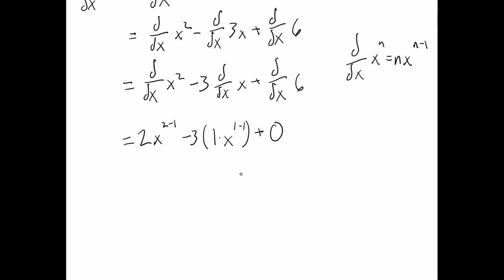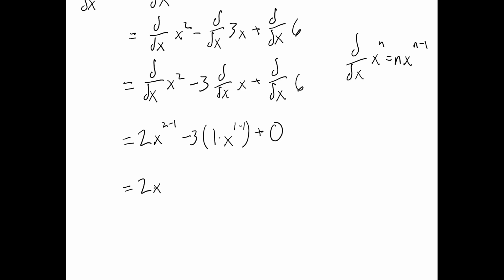And so when we look at this first piece here, we have 2 times x to the 2 minus 1. The 2 is just going to stay there, as is the x. And 2 minus 1 is just 1, so we leave the exponent off. On this next piece, I have negative 3 times 1 times x to the 1 minus 1.